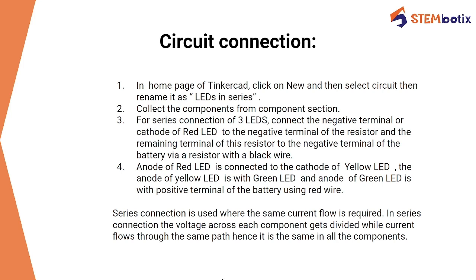Now the anode of the red LED is connected to the cathode of the yellow LED. The anode of the yellow LED is connected with the green LED, and the anode of the green LED is connected with the positive terminal of the battery using a red jumper wire. So the series connection of these three LEDs is done here.